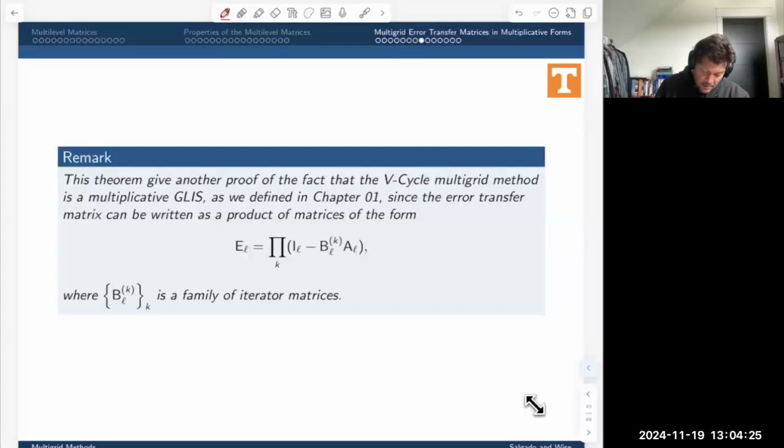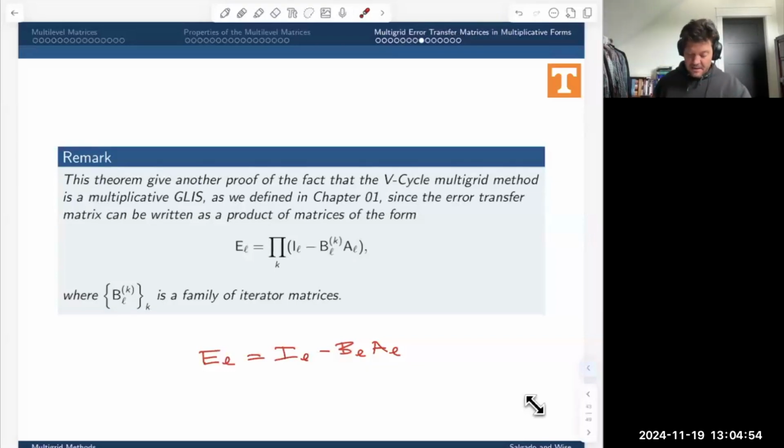In fact, whenever I can write something like this, then I know that there's one iterator matrix so that I can write the whole thing like this. I can write this with one all-encompassing iterator matrix, BL. For those of you who recently came to office hours, I've taught you how to figure out what this BL is by another method.